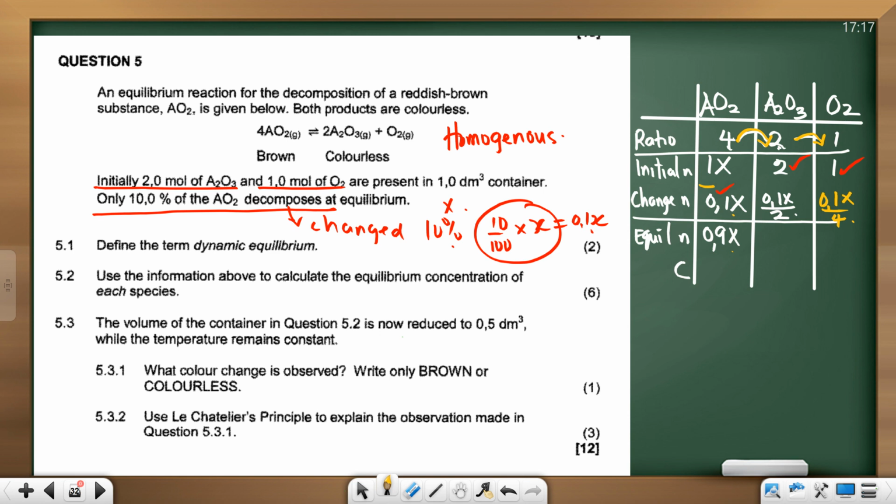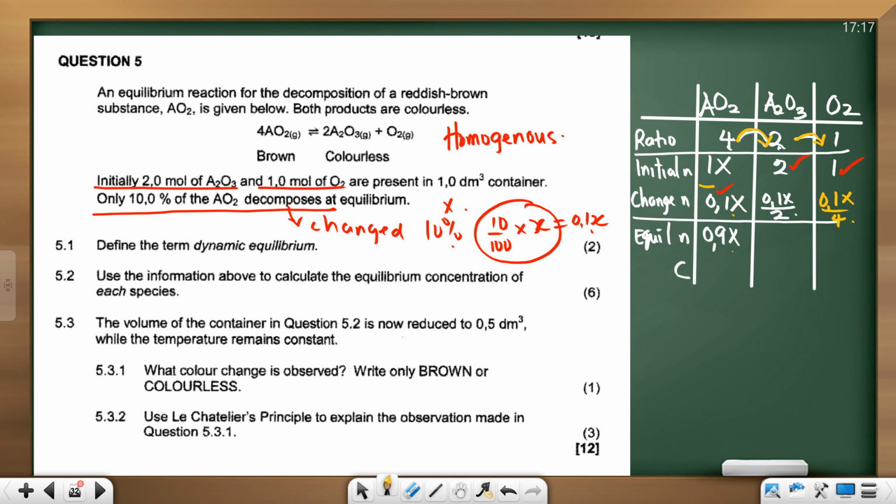So what do we then do? Do we know Kc at all in this question? Let me read. Only that, okay, we don't have Kc. So we need to find the equilibrium concentration.